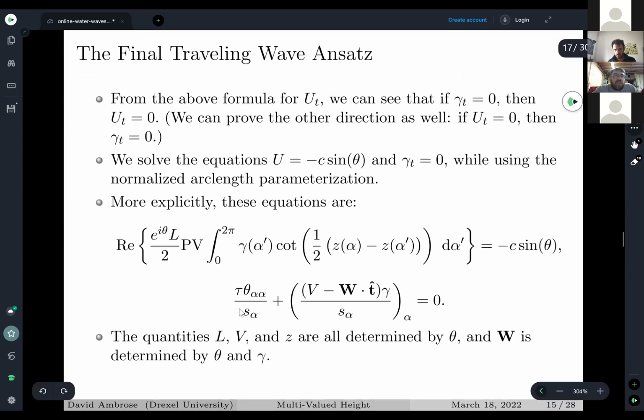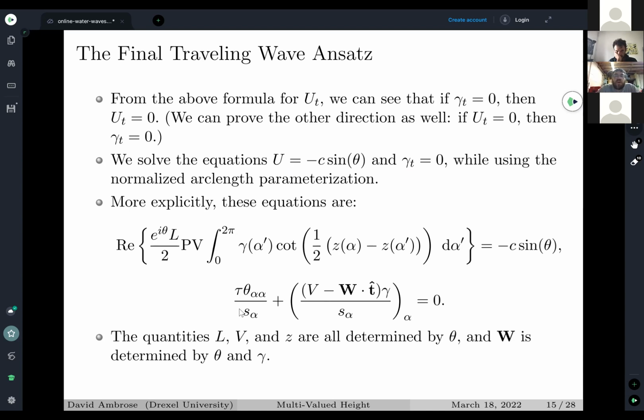And thinking that way turns out to work. You can see immediately that if gamma_t is 0, then u_t is 0. The other direction also works. If u_t equals 0, we were able to show that gamma_t equals 0. So my first equation was u equals minus c sine theta. My second equation is gamma_t equals 0.